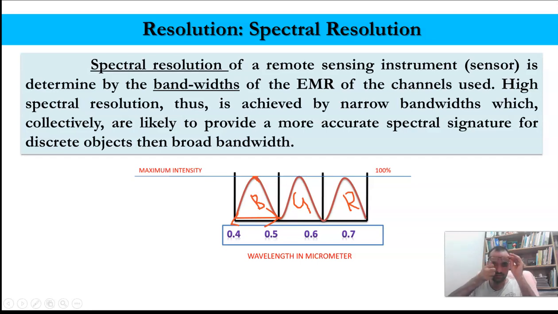If we use this portion for the band, this portion I'm coloring, it is not reflecting much energy, but if we use only this portion, this is reflecting much energy. So if we use a narrow band, it means we will get more information. Suppose we have 3 blue bands, it can improve the quality of the image. That's how a satellite sensor works.